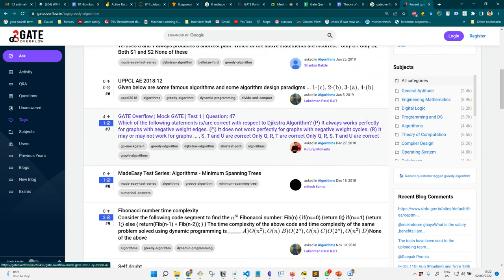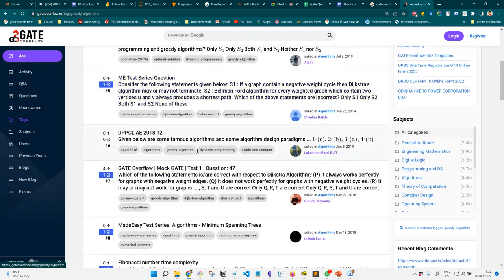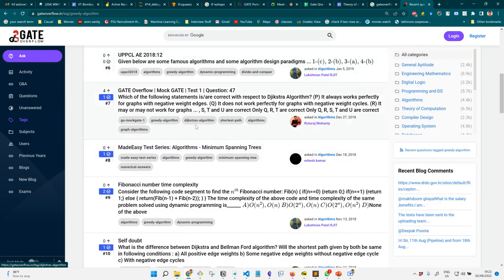So firstly, this advice is to you because you're in first year, you have a lot of time. Focus on textbooks and parallelly solve questions. As soon as you study a topic, immediately solve questions on the topic. For example, let's say you study Dijkstra's algorithm, then subjects are organized by topics, and here you have tags also.